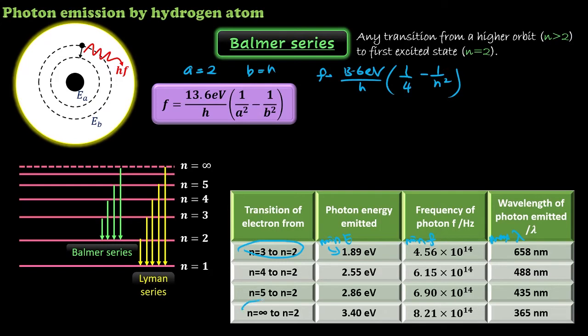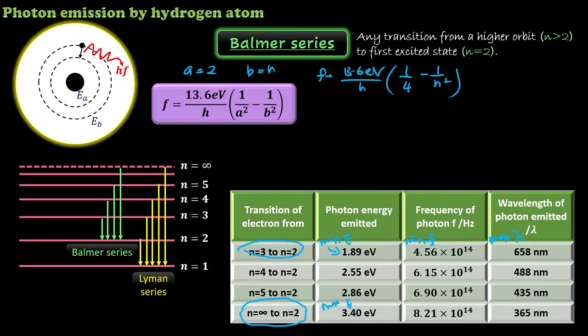Well, for the maximum energy due to the transitions in the Balmer series, this is the maximum energy produced by the Balmer series. In other words, the maximum photon energy emitted through this Balmer series will be equal to 3.40 electron volts.